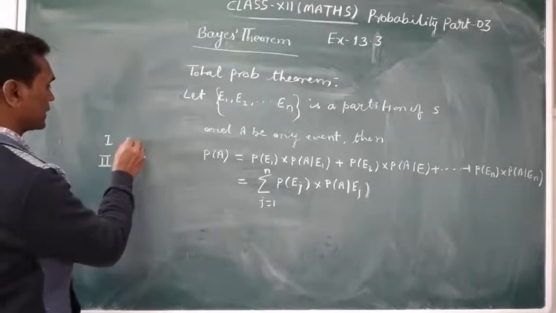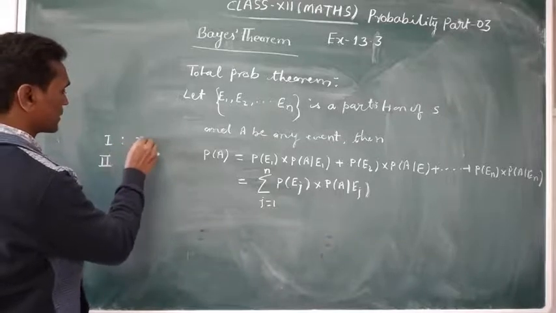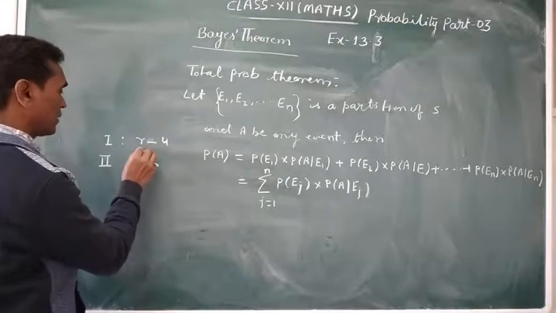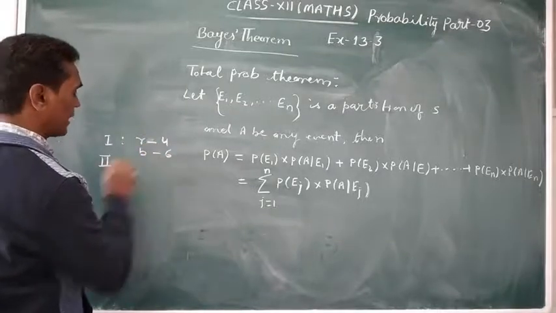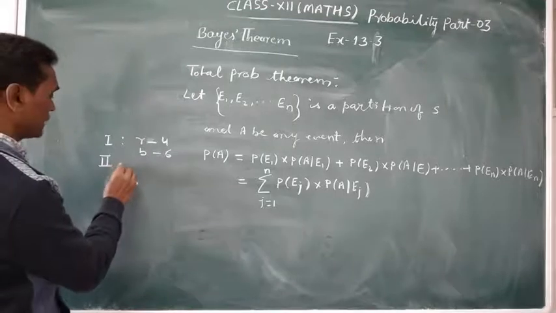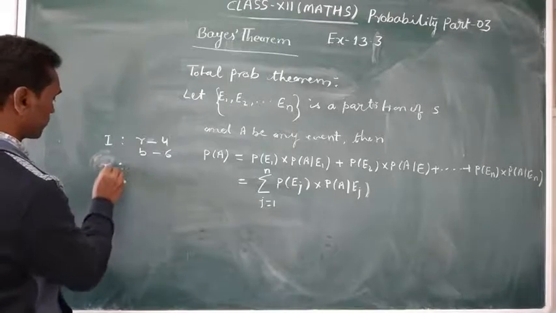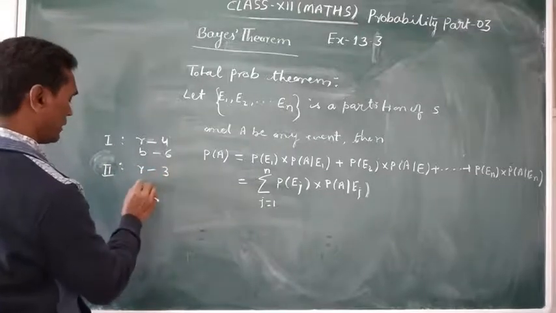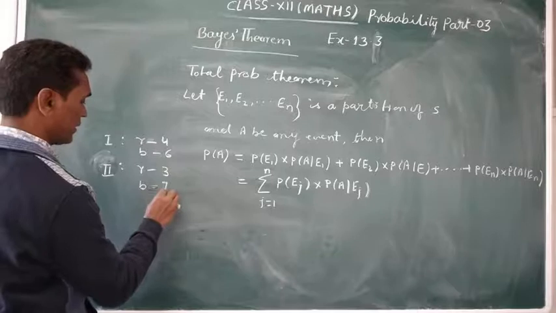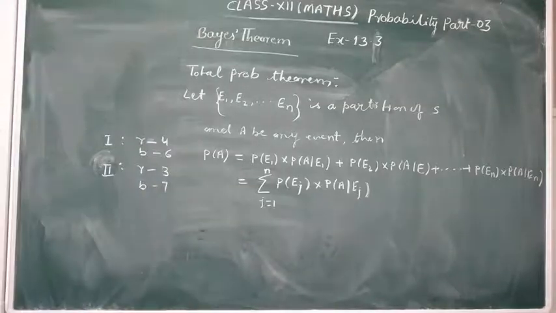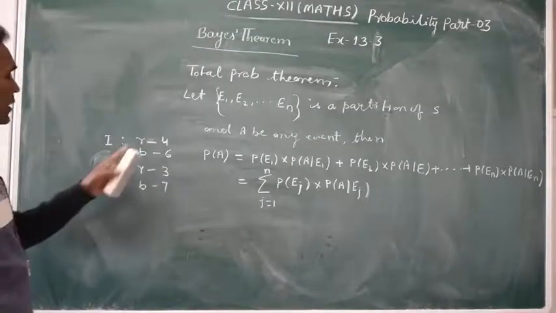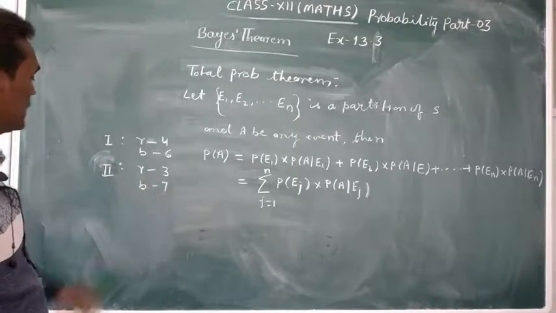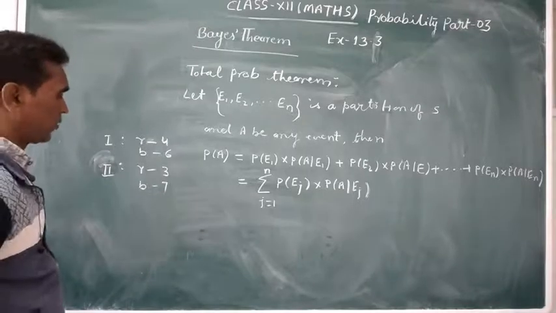Bag 1 contains 4 red balls and 6 black balls, and bag 2 contains 3 red balls and 7 black balls.